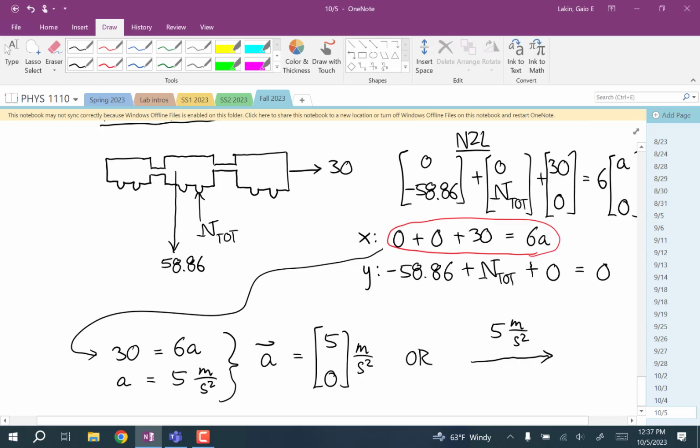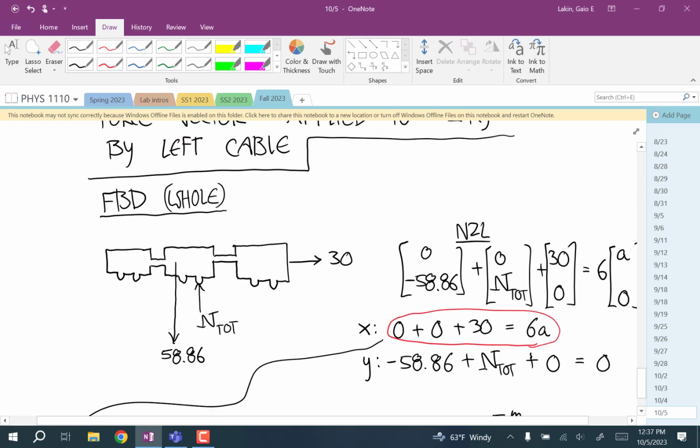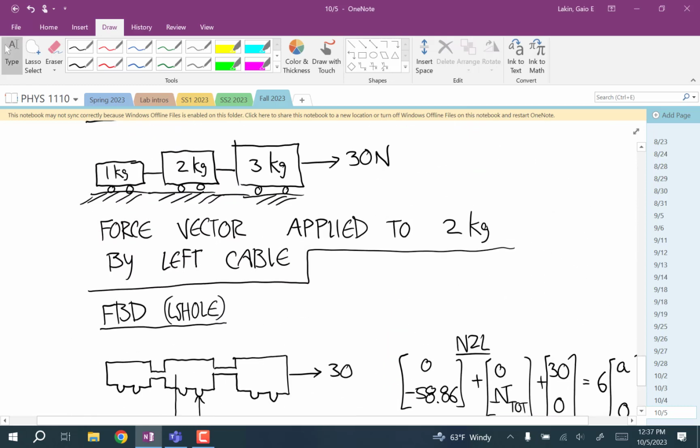Okay, so now what do you want to isolate? We're trying to calculate the force vector applied by one of the cables to the 2 kilogram cart. Okay, well, if we isolate just the 2 kilogram cart, which is the first thing that would probably occur to you, there's an unknown horizontal force pulling one way, and another unknown horizontal force going the other way.